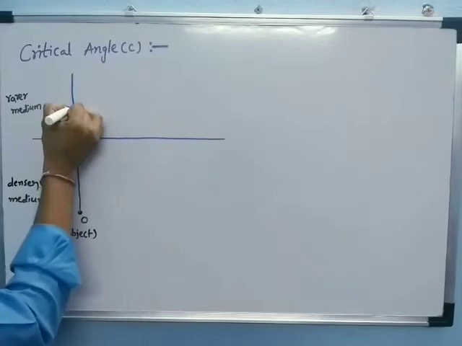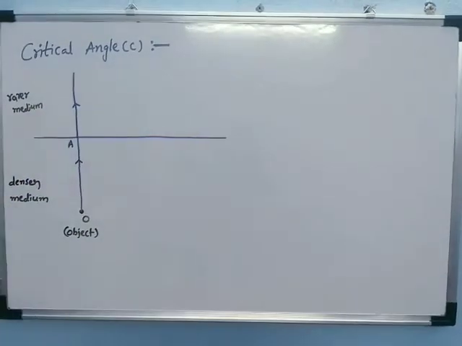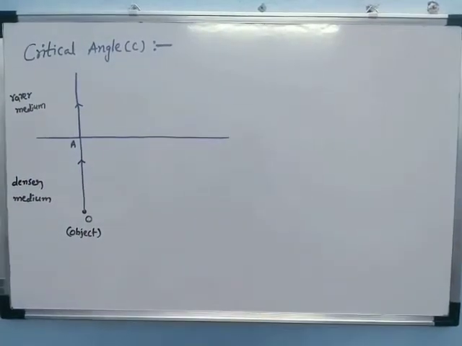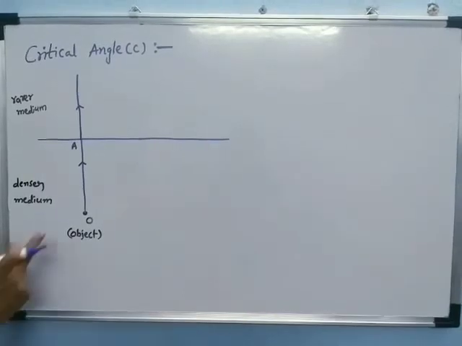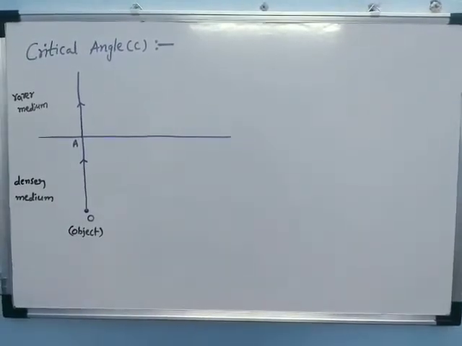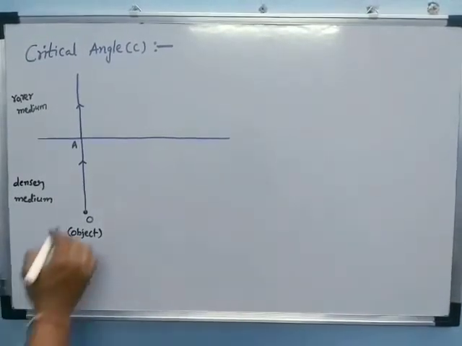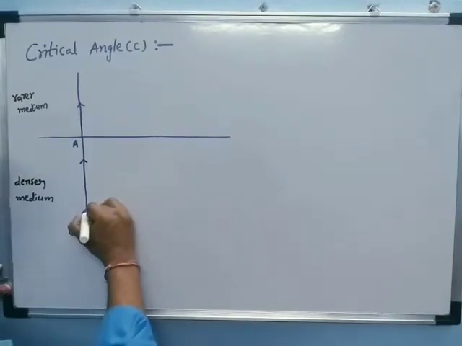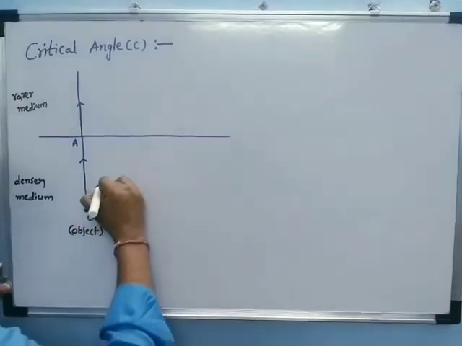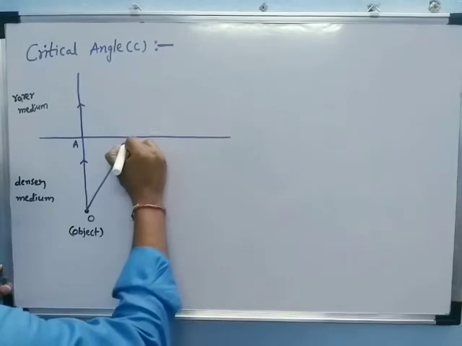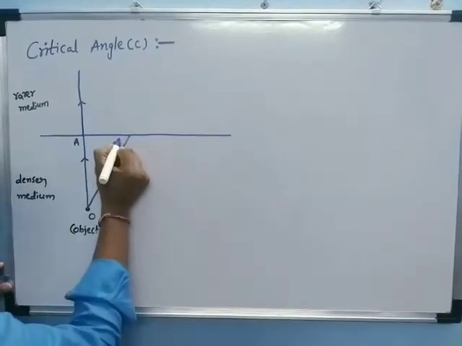It is also passing perpendicularly. Now another ray of light travels bending, making some angle, and is incident on another point. We consider that the B point.